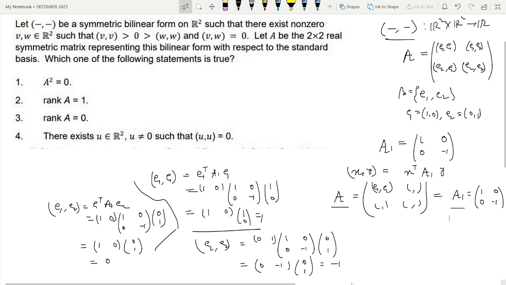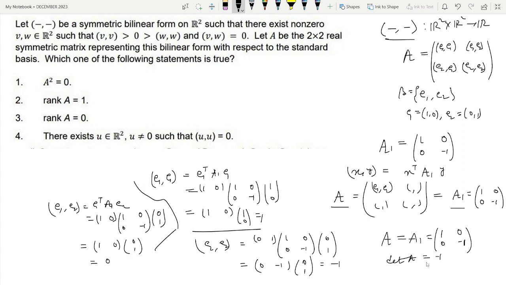Now check for this bilinear form. Our A is equal to A1, that is (1 0; 0 -1). Clearly here det A will be equal to minus 1, which is not equal to 0.